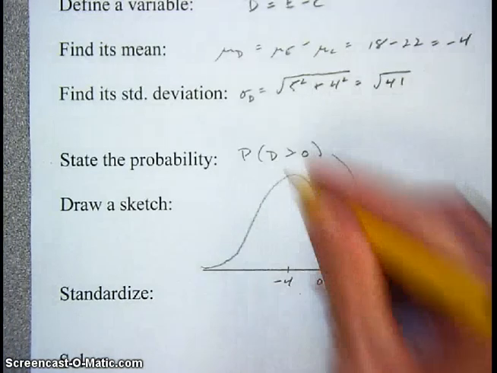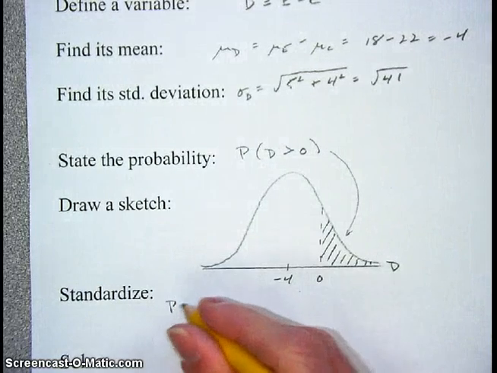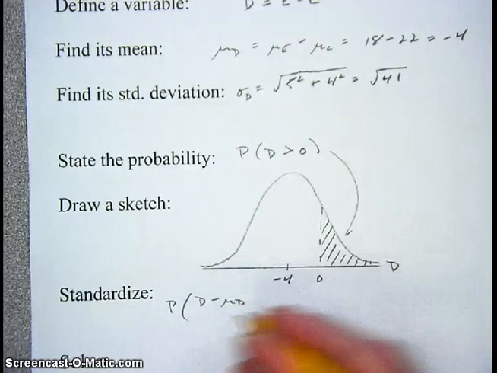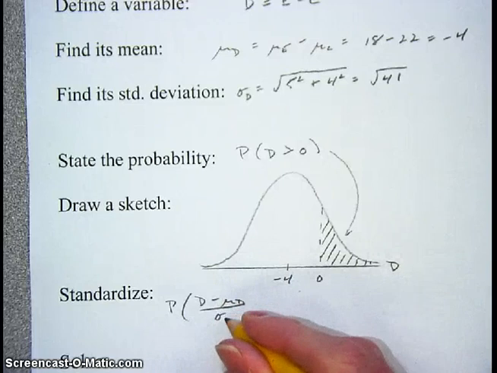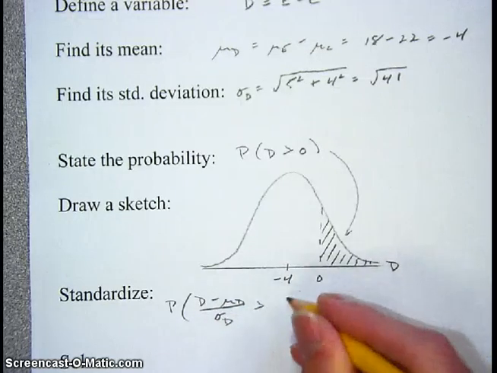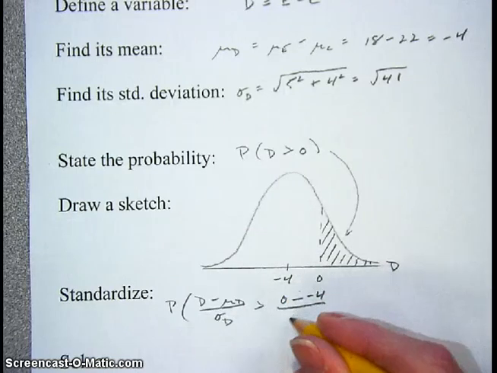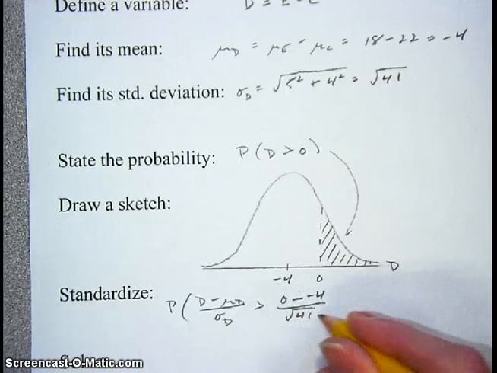And then we're going to standardize that expression. We're going to take the probability of D minus the mean of D divided by the standard deviation of D is greater than 0 minus negative 4 over square root of 41.